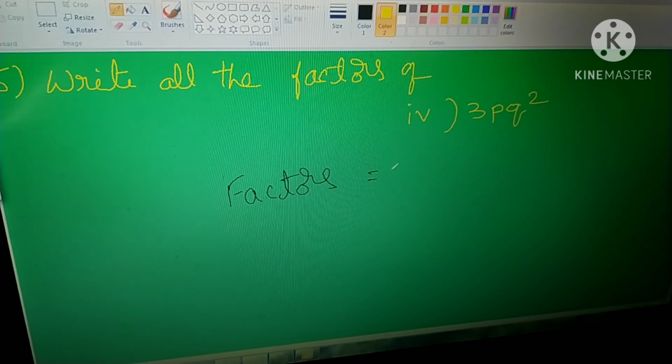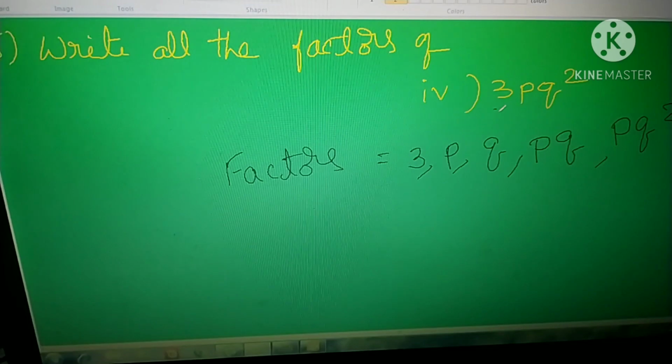See, first start with the number: 3 is a factor. After that p is also a factor. After that q is a factor. After that pq is a factor. q square is a factor. Like that you have to mention all the factors of the given expression. Understood?